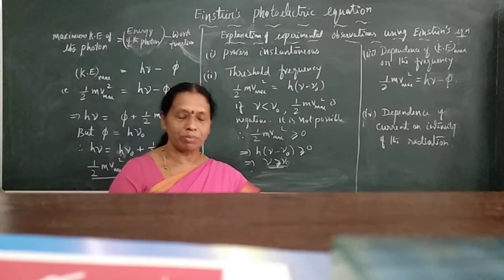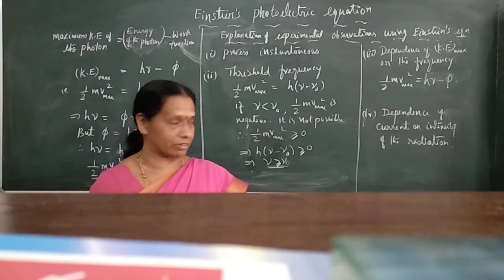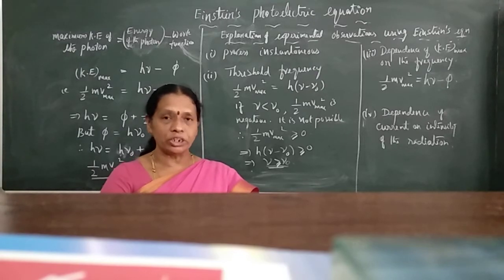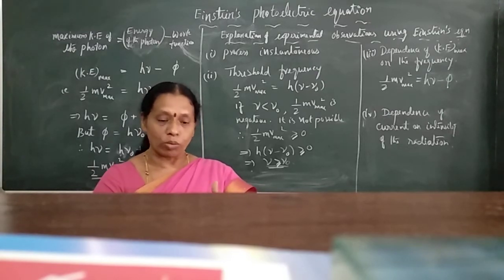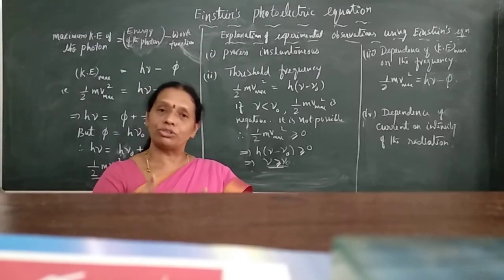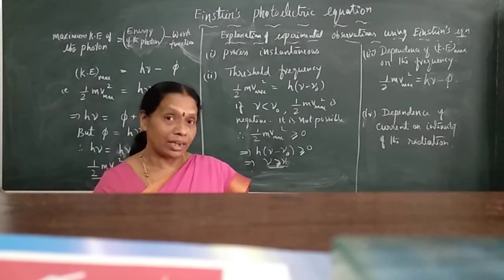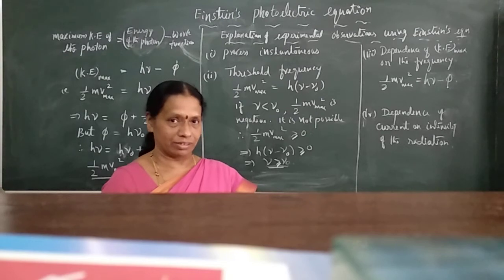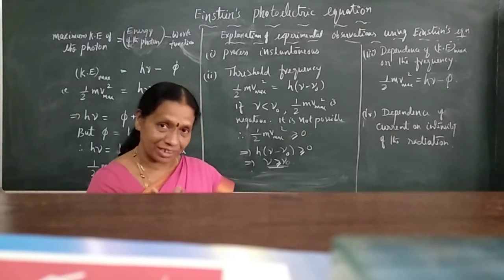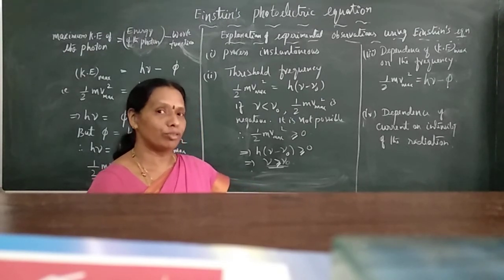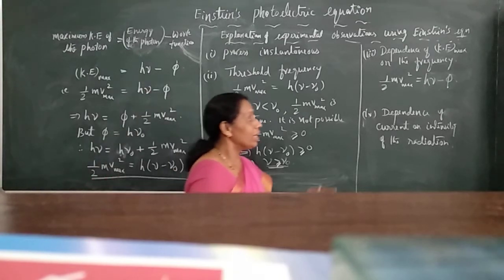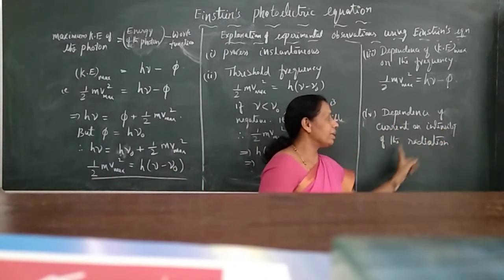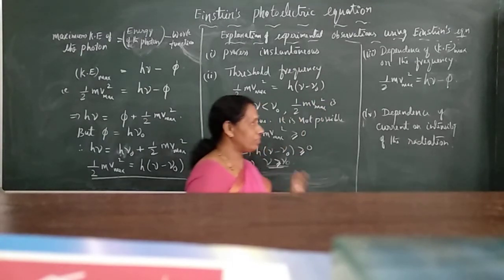More photons means the radiation is more intense. The collision between the photon and the electron is a one-to-one collision: one photon ejects only one electron. So as the number of photons increases, the number of electrons also increases, and there will be an increase in the photoelectric current. This is how the dependence of photoelectric current on intensity is explained using this equation.